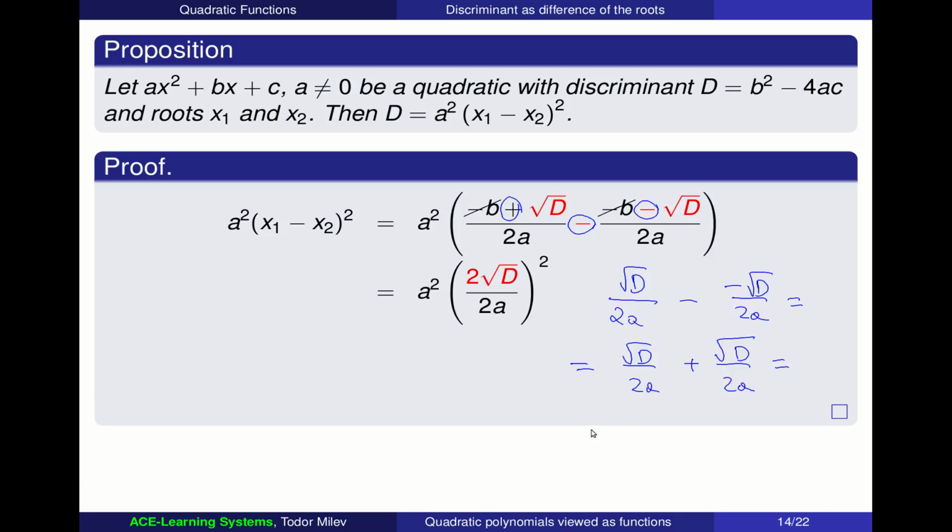And then I can bring those two on the common denominator to get radical of d plus radical of d over 2a, and radical of d plus radical of d is of course equal to 2 times radical of d over 2a. So that's what I get. The 2's of course cancel.